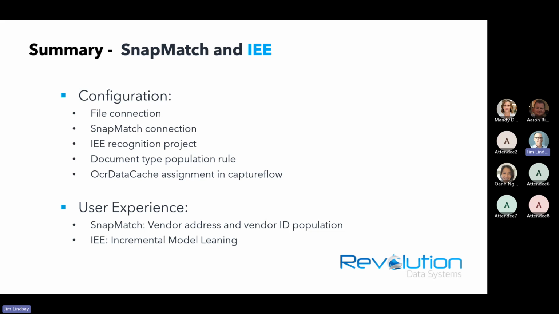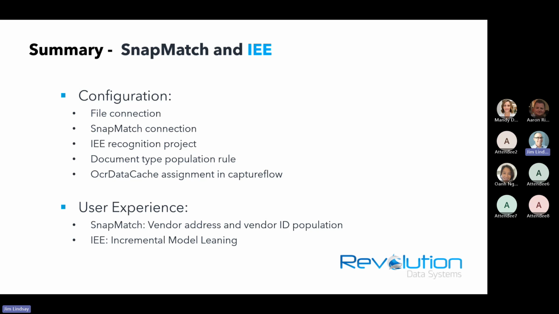And that's where we saw the flow diagram of the actual demo. The second part of the demo was from the user experience perspective, and we saw how SnapMatch can work in this particular narrative that we had today.